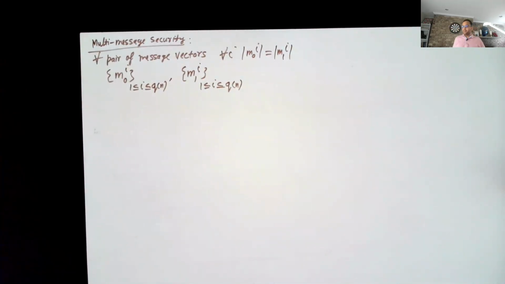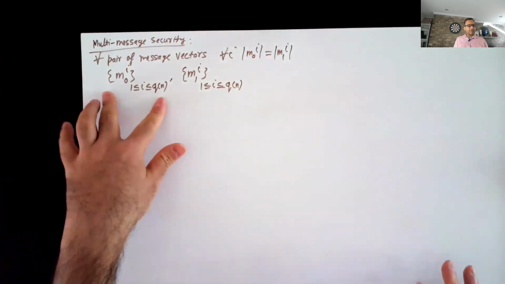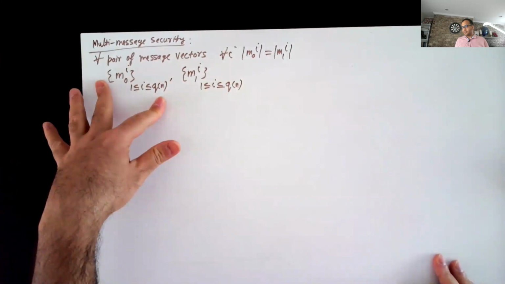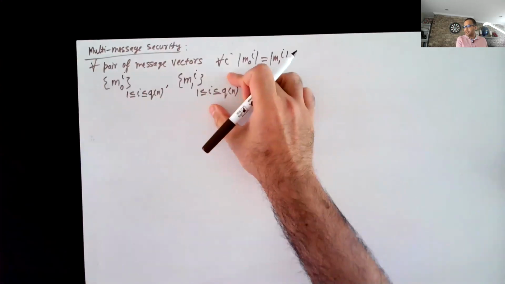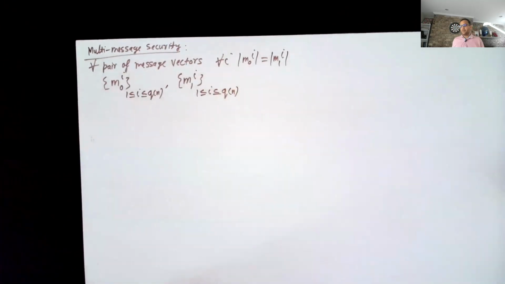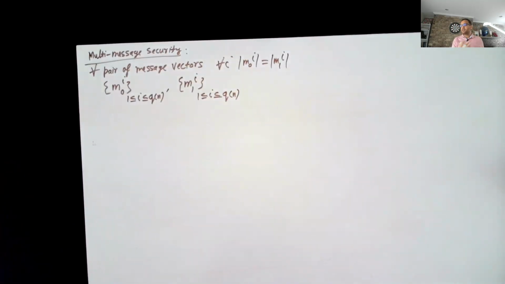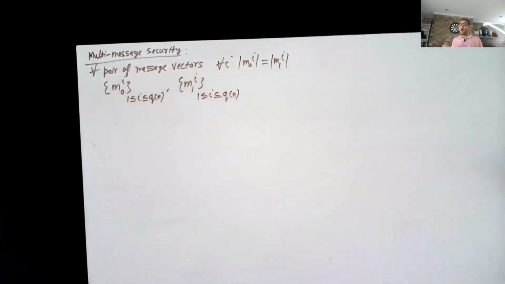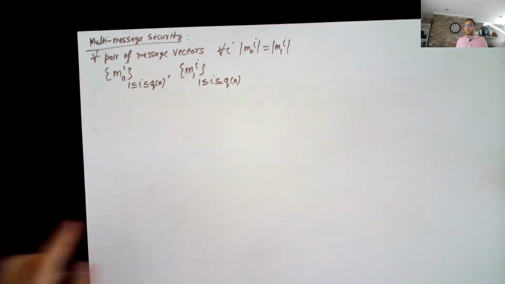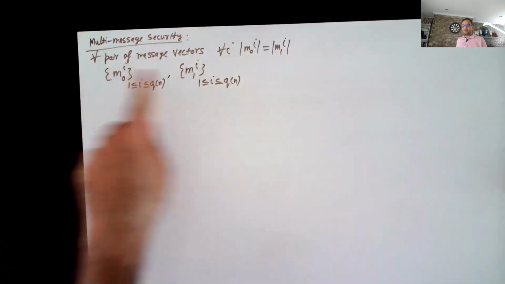What do we need? Experiment 1, I encrypt everything from the first set. Experiment 2, I encrypt everything from the second set. So I obtain a bunch of ciphertexts in experiment 1 and experiment 2, and what I want is that given all of these ciphertexts together, an adversary cannot tell whether we started with the first vector or the second vector.